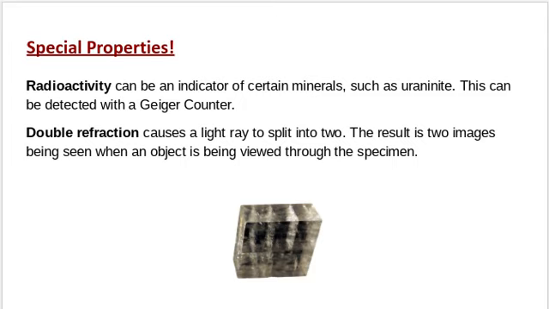Something else to note is the reaction to hydrochloric acid. Hydrochloric acid will identify lots of rocks. Not rocks, minerals. For example, calcite. Calcite can be very easily identified by a strong effervescence in hydrochloric acid.